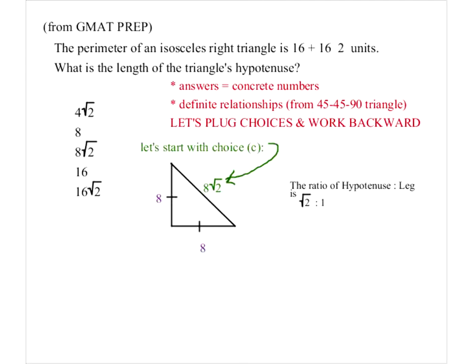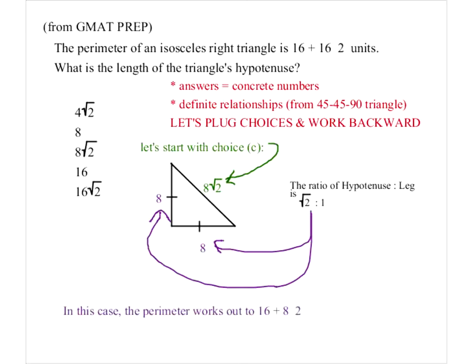I think you'll notice this was a very popularly chosen answer here, but this is the wrong perimeter, because this is not 16 plus 16 square root of 2. In this case, the perimeter works out to 16 plus 8 rad 2, not 16 plus 16 rad 2. So that's too small.